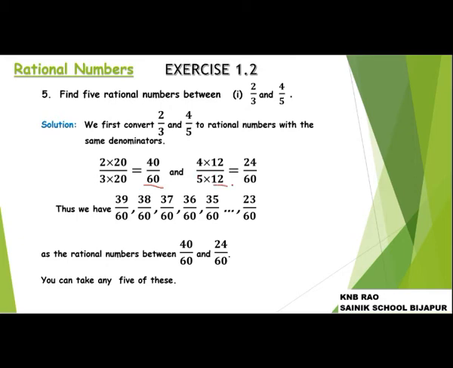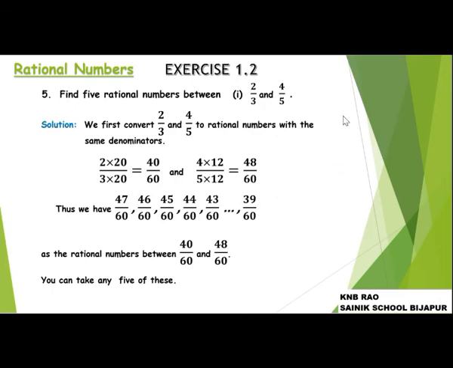Multiplying 5 by 12 and the numerator 4 also by 12 gives 24. Is it 24? No, it is 48. Here I have gone wrong. It is 48. I will change it for a while, children.